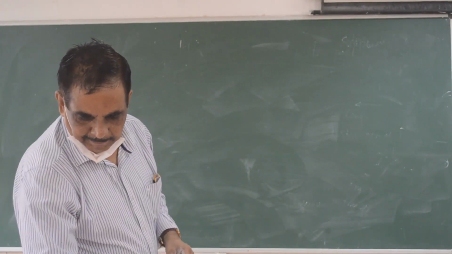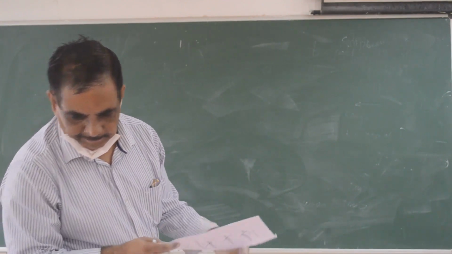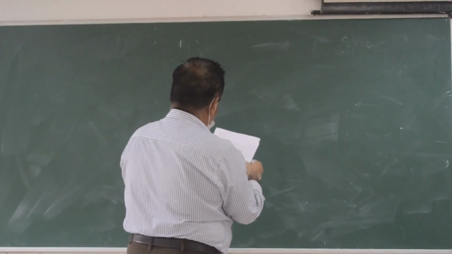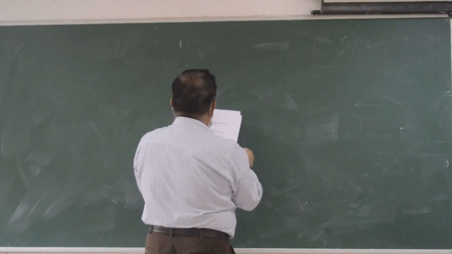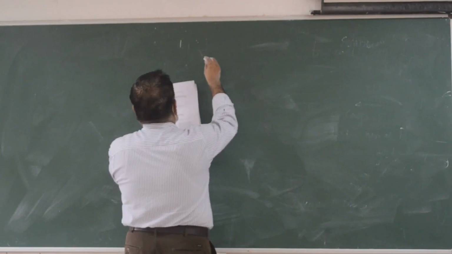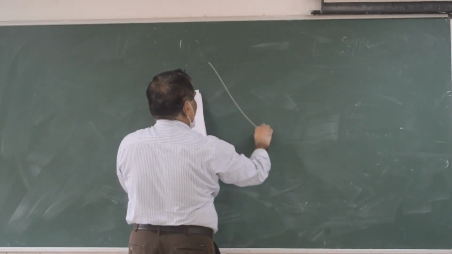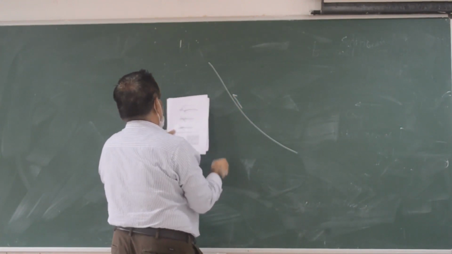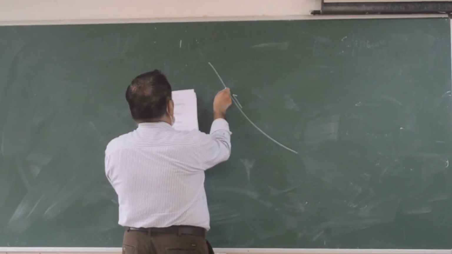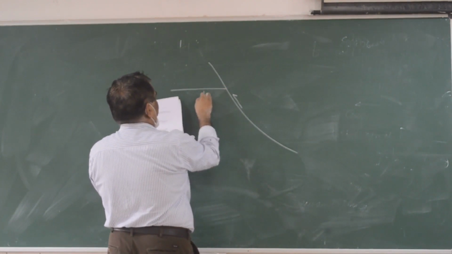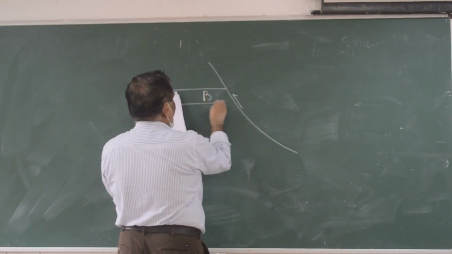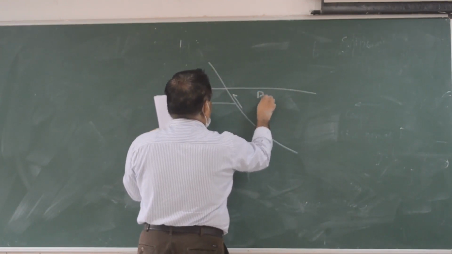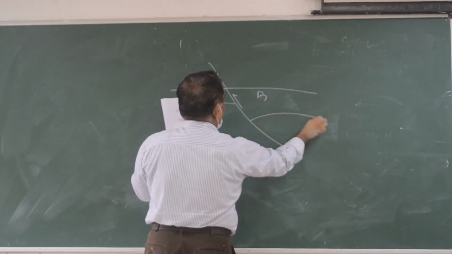I am drawing a diagram something like this. This is now inversion. Now see what I have drawn. This is B bed. Now here, B has come to this place.